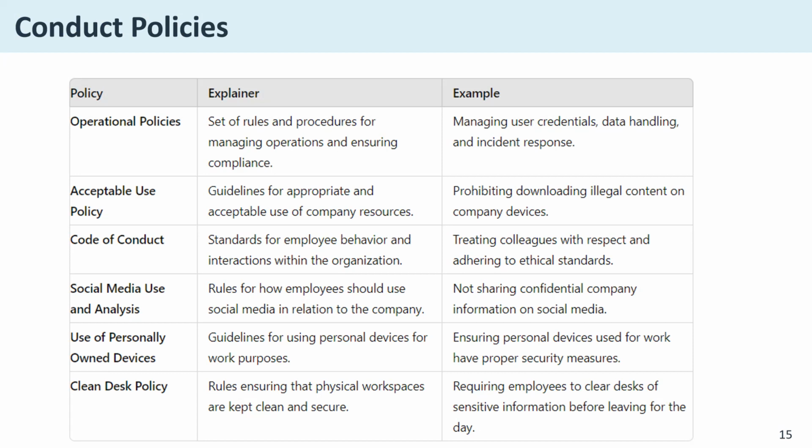So part of your InfoSec policy should include a conduct policy, and you can have a mirage of all of these or a combination of all of these, or you can superimpose them into just a conduct policy, because this tells how your employees should use any of these items, or what should be their conduct.